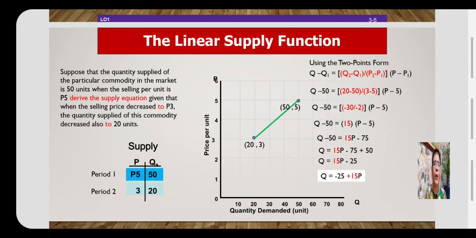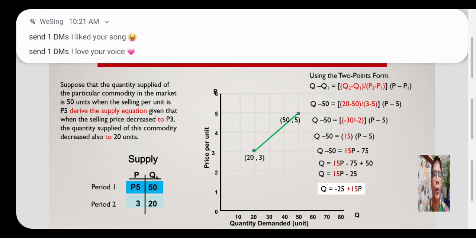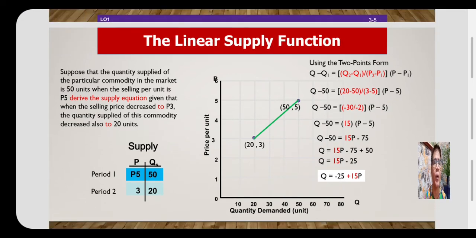On the PowerPoint presentation, we have this equation for the 2 points form. We'll just have to substitute the given values to those variables with a subscript. Note again that the subscript of 2 refers to the second period and the subscript of 1 refers to the first period.